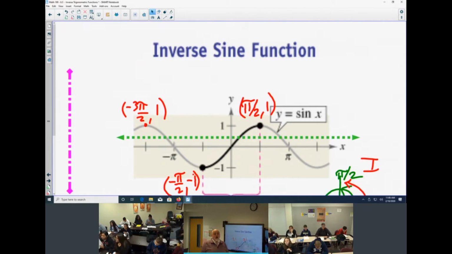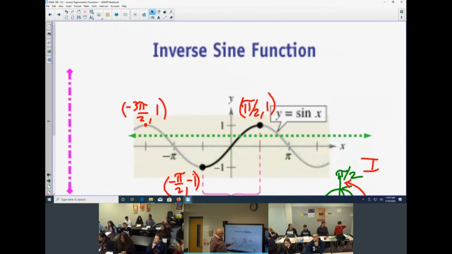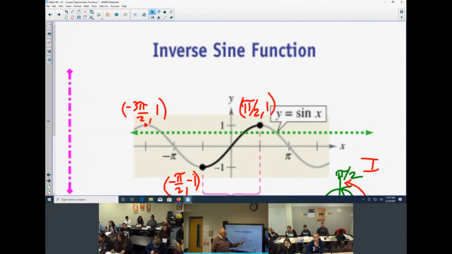When we want the inverse to be a function, what we do is we restrict the domain of the original function. So if I just use this darkened part of the sine function, now this black part here does pass the horizontal line test. So just this part would have an inverse.